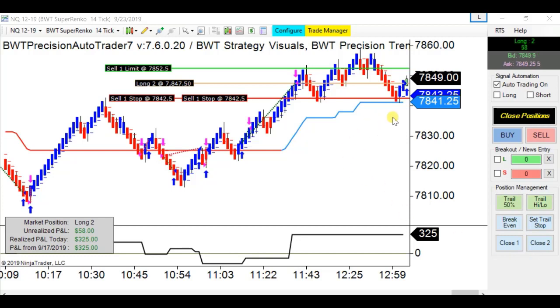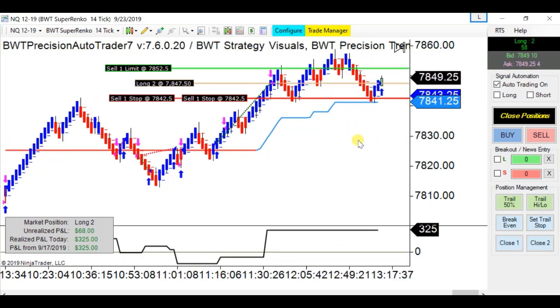All right, so got my test of 41, and then precision trend went bullish. I'm still above the step MA. So now we have a long. I don't think I have that much to hit my daily target, less than $200. So definitely even before I think we hit the first target, we should be done.